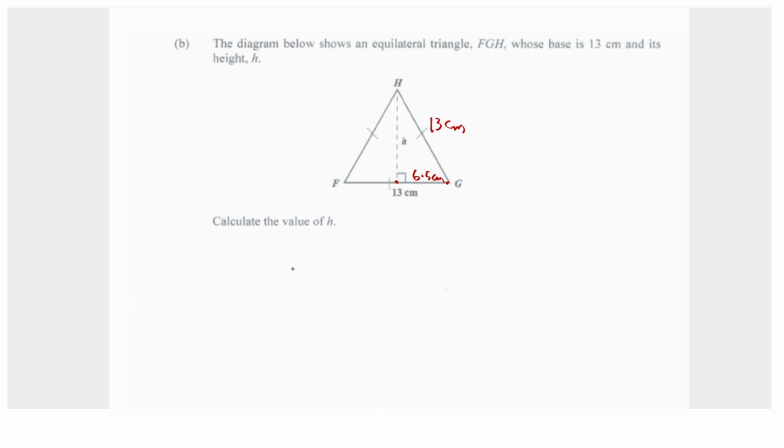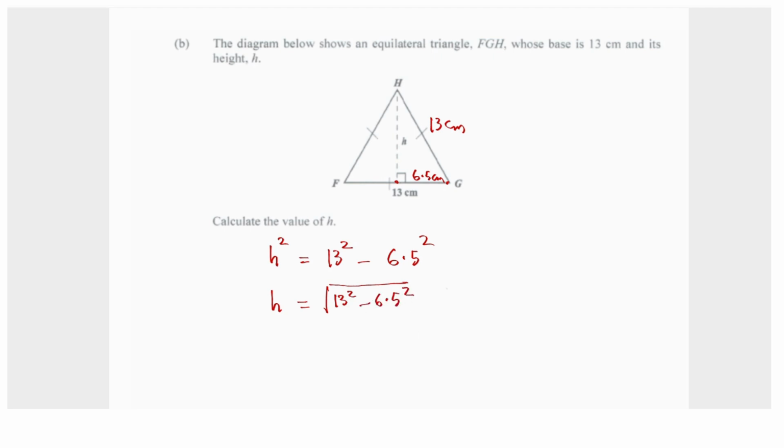From Pythagoras theorem then we have h squared is equal to 13 squared minus 6.5 squared. So to get h, we find the square root of this. So we're going to have the square root of 13 squared minus 6.5 squared.